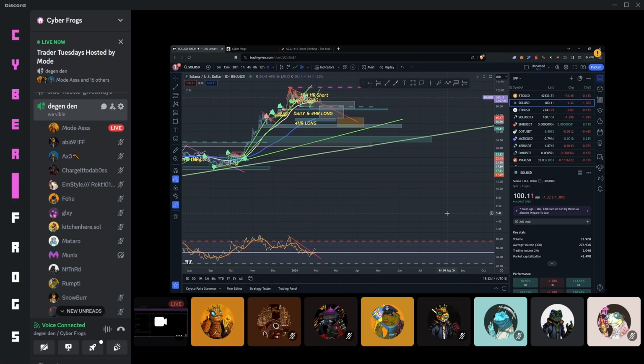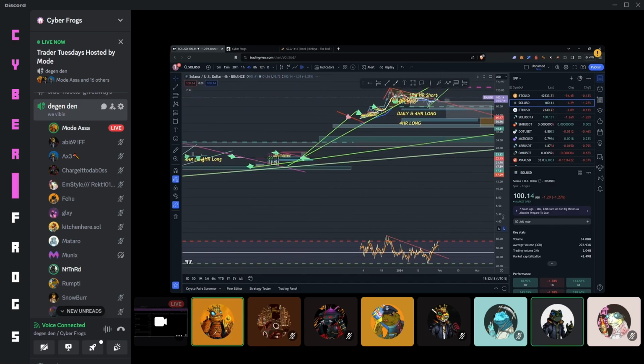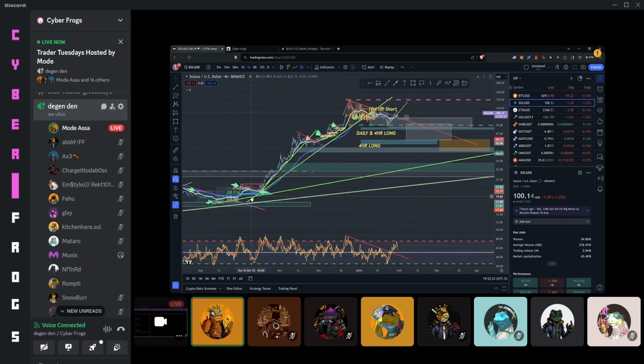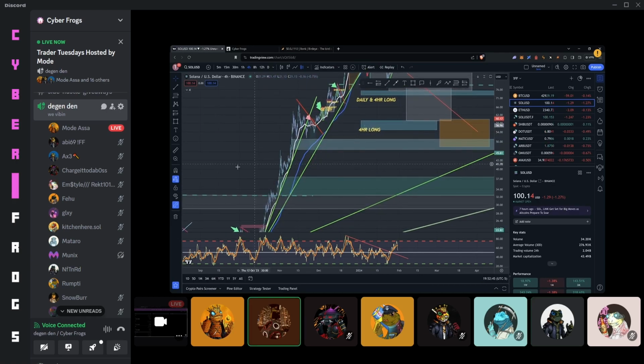If I go to the 4 hour here that we generally look at, look how long this trend was a friend until it started to end. And as soon as that ended, what happened? You remember when Sol was pumping and it kept throwing out longs at like $40.